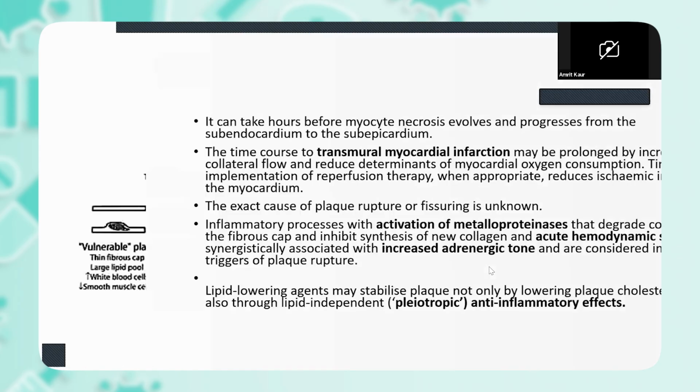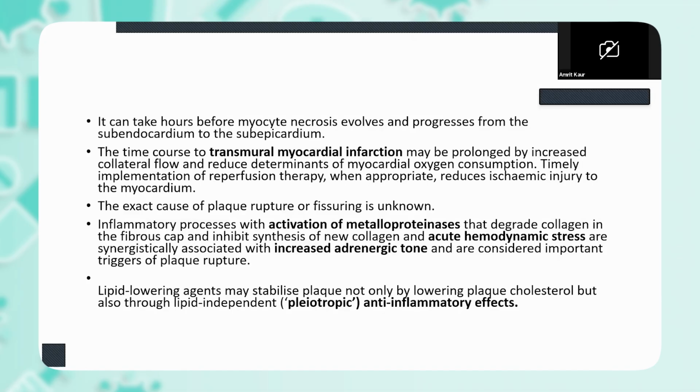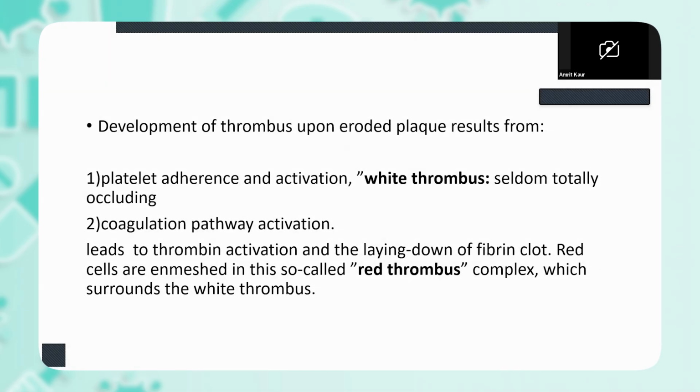Now, this slide is important because of our therapy that we use. The clot that forms has two pathways. It happens because of platelet adherence and activation, which leads to a white thrombus formation. And then the main pathway, that is your coagulation pathway activation, which leads to involvement of your thrombin and fibrin and eventually a red thrombus formation.